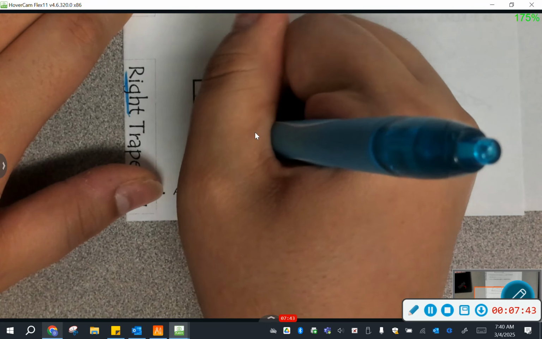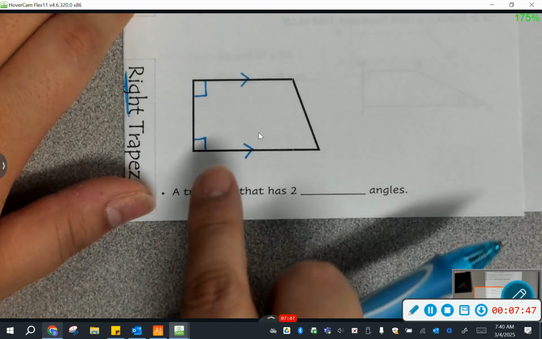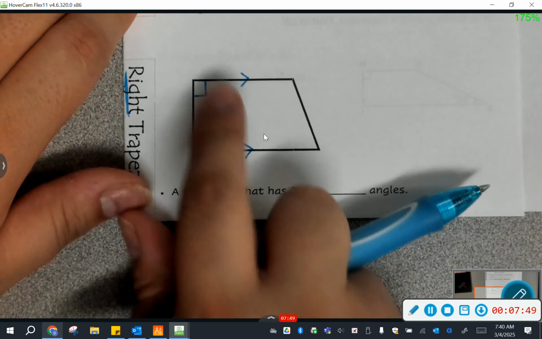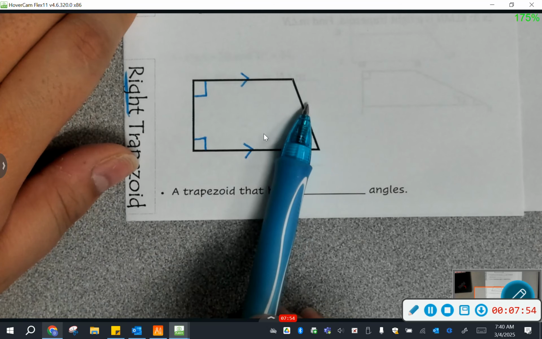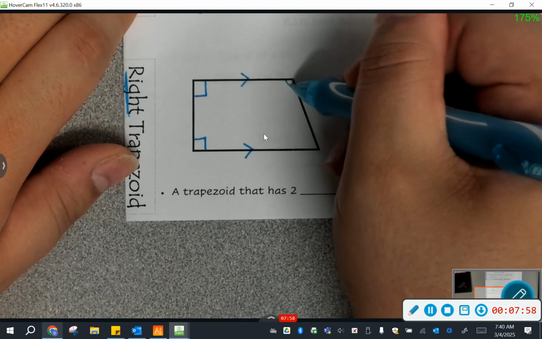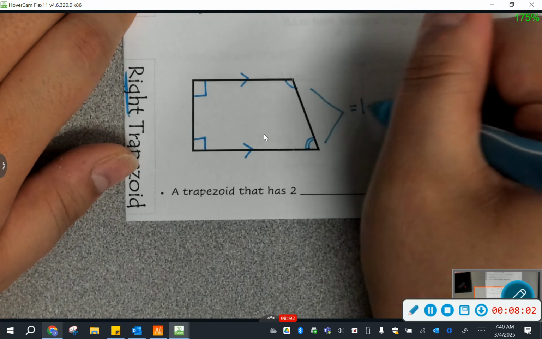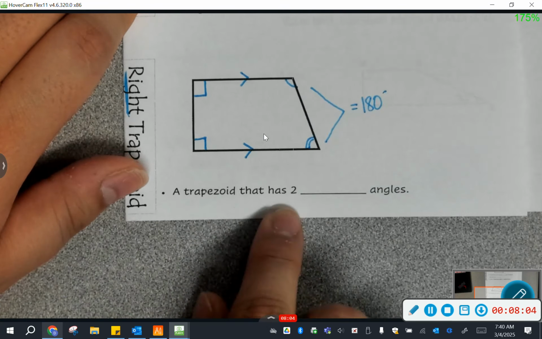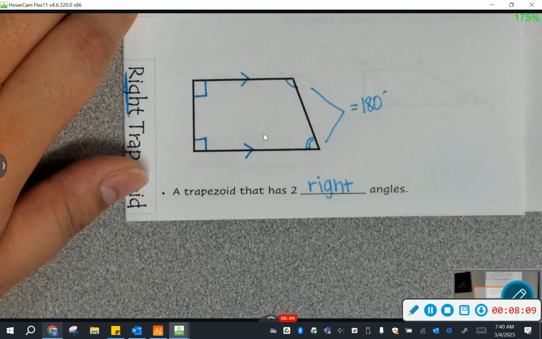If you have a right trapezoid, let's draw the little arrows up top. One side is going to be 90. Only one side. Can't be the other, because then it won't be a trapezoid. What do you know about these angles right here still? They still have to equal 180 degrees. So a trapezoid that has two right angles is a right trapezoid.